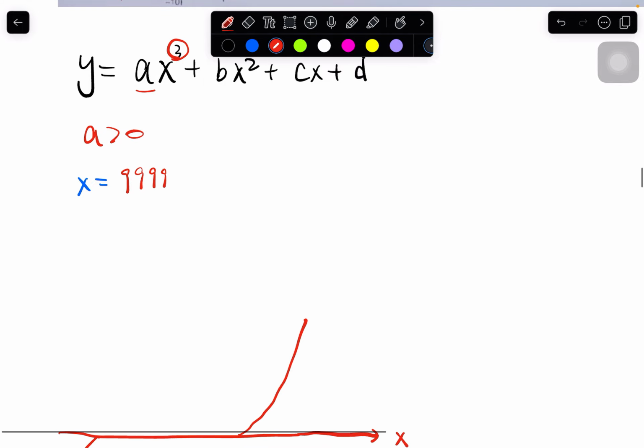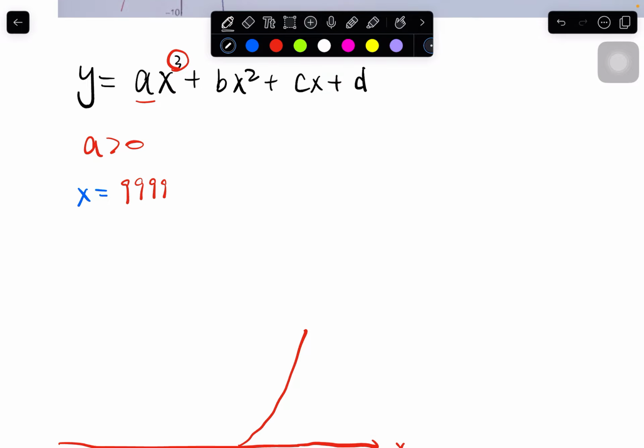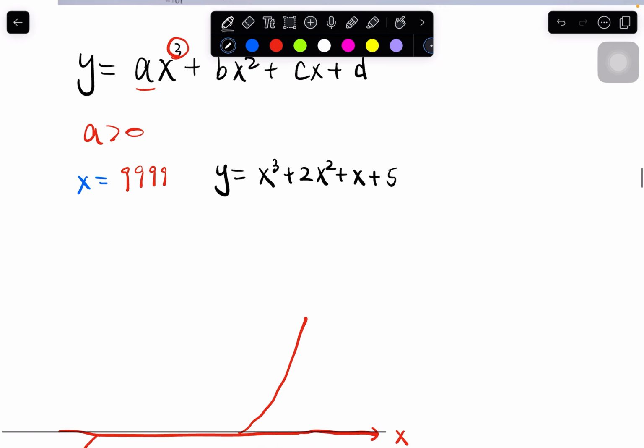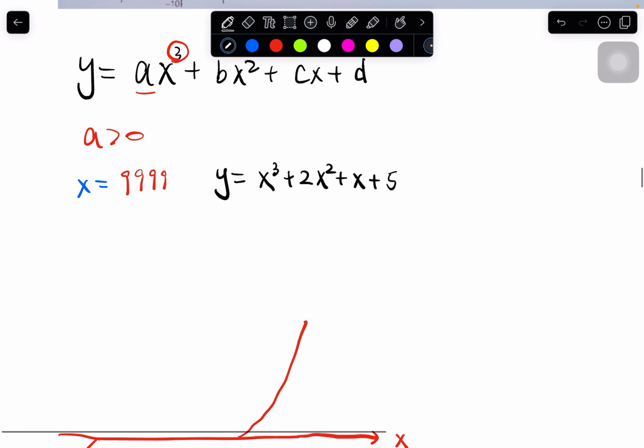This number is very big, and a is greater than 0. For example, I can give you a function like this: y equals x cubed plus 2x squared plus x plus 5. Just a random function. I just want to show that y is top right.